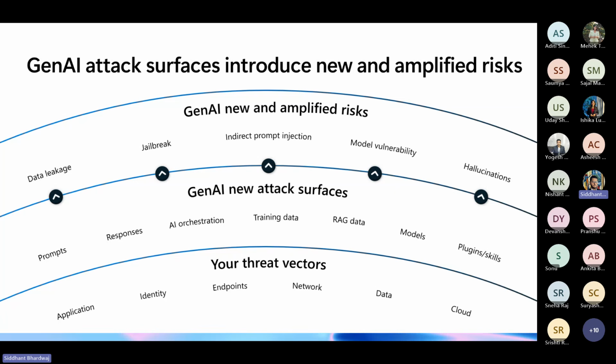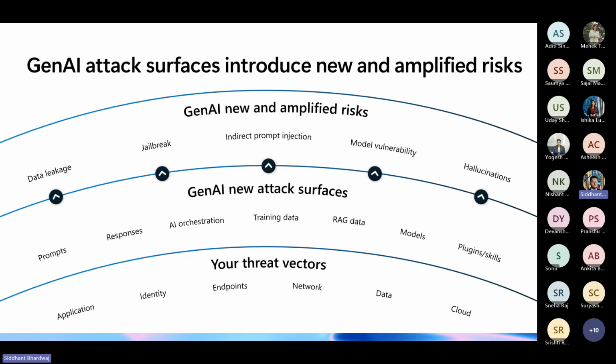Now, what are the new attack surfaces that have come out from AI? They are prompts, your responses, the AI orchestration, the data which is being used to train the AI, RAG data, different models, and the different plugins and skills these AI systems have. From this, we have a lot of amplified risk as well.